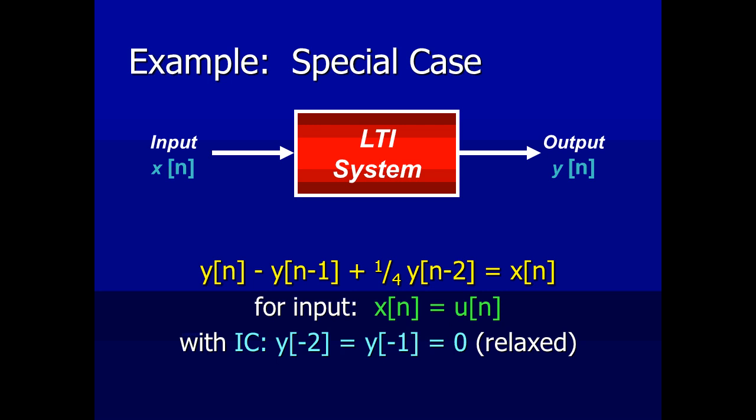Equals 1. Constant. So my forced response is also going to be a constant, particularly since this x of n, where is he? He doesn't look like these guys. It's not a 1/2 to the n, so I don't have that special case for the forcing function.